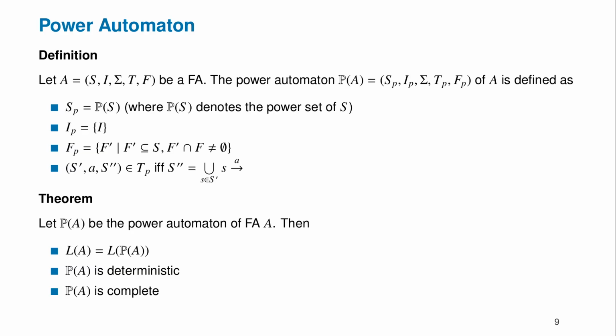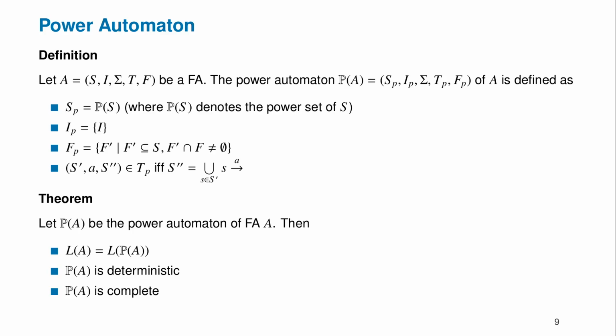Then we have the final states, and the final states are those sets of states which contain a final state of the original automaton, so where the intersection is non-empty.